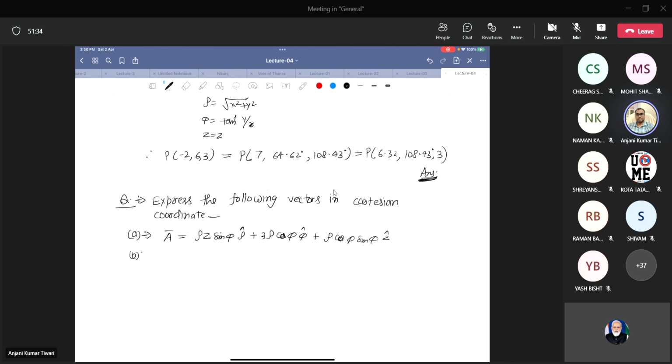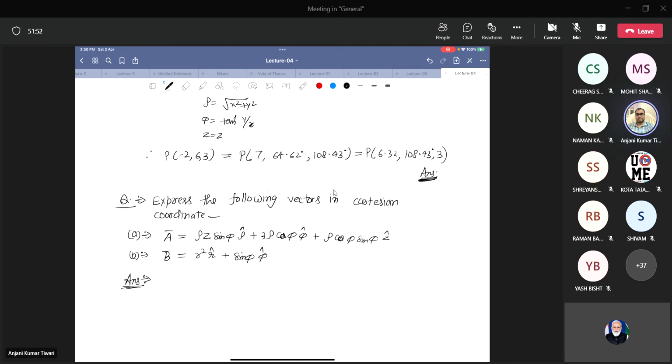And let's say the second vector is vector B. It is r square r cap plus sin phi phi cap. So you have to transform these vectors into Cartesian coordinates.